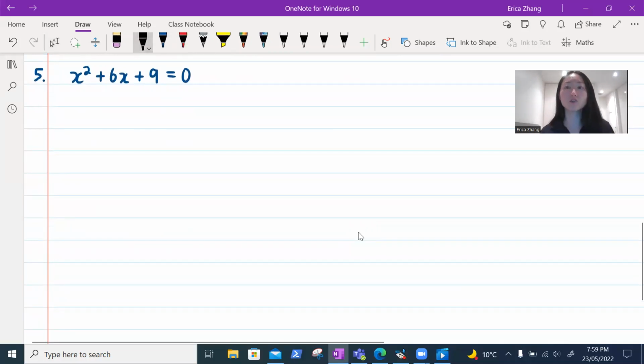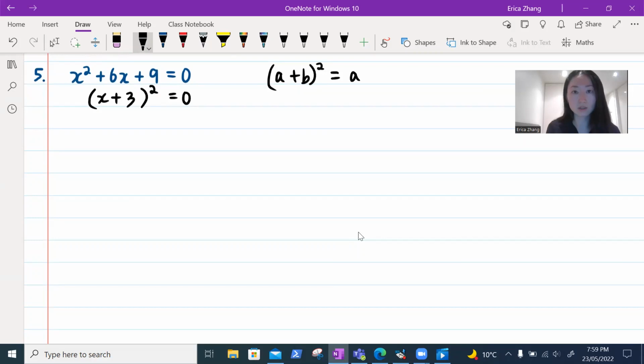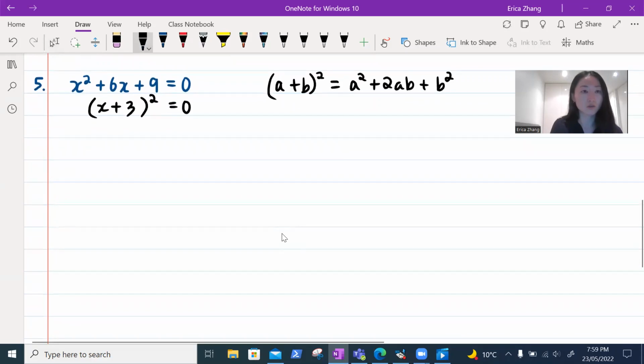All right, last example. There are actually two ways to approach this equation. The first method would be recognizing that this is a perfect square, namely x plus 3 all squared. The reason I say that is because recall this result, that the square of a plus b is a squared plus 2ab plus b squared. I'm going to write that 6 is equal to 2 times 3 and 9 is equal to 3 squared.